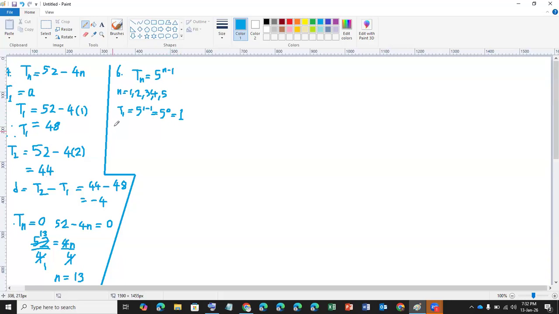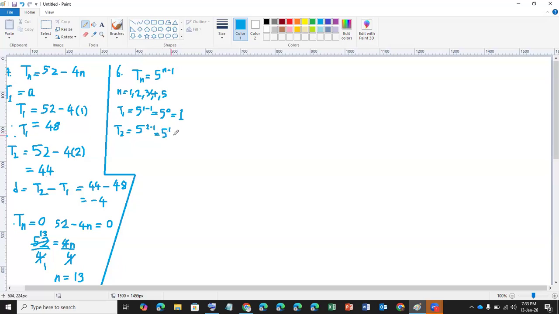Okay, so let's go to C2. C2 is equal to 5 raised to the power of 2 minus 1, which is the same thing as 5 raised to the power of 1.